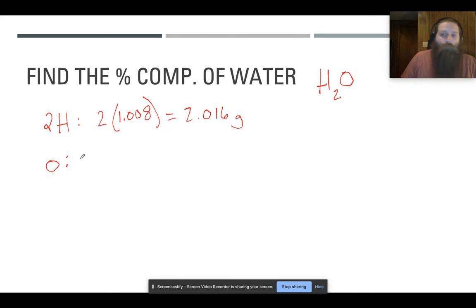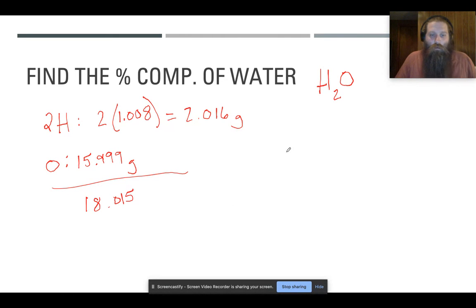Oxygen, I only have 1 of them. And so I'm sitting here with 15.999 grams. I'm going to add those 2 things together. It's something like 18.015. I don't really need a calculator for that. 18.015.